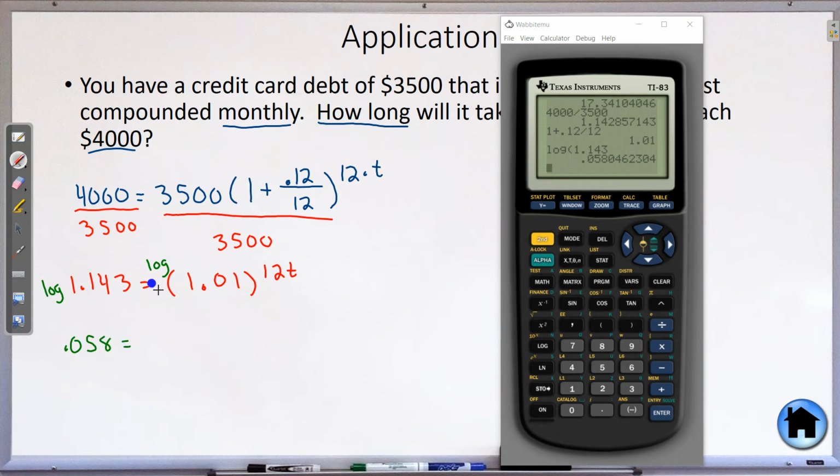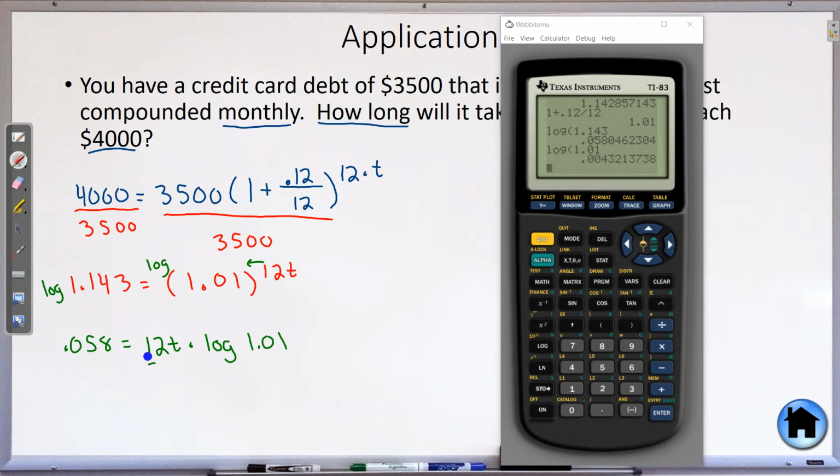And then on this side, the exponent is going to come down to the front, because that's our property of exponents, times log of 1.01. And again, I can just do this on the calculator, and because I chose the easy log, I don't really need to do the base change. It's 0.0043. Now I'm going to skip a step because it's taking a little while.